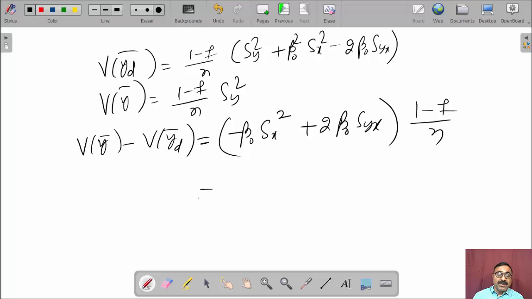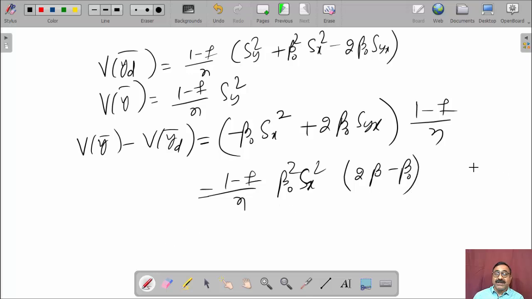So that will be equal to (1 minus f) by n beta 0 square sx square, taking common, we get beta 0 into (2 beta minus beta 0), where beta is the regression coefficient between y and x, syx by sx square.